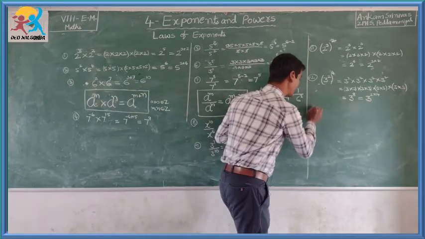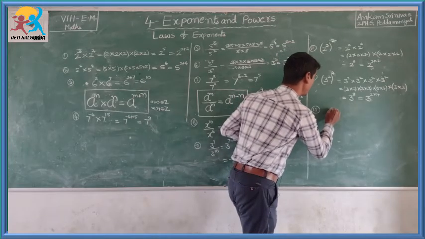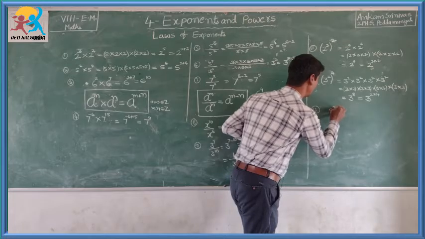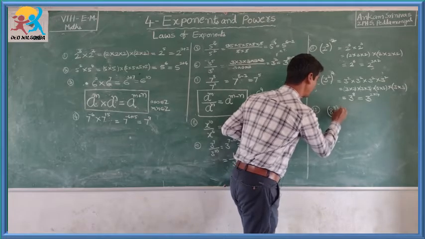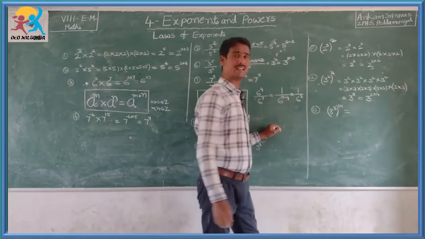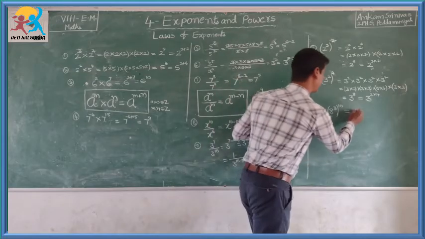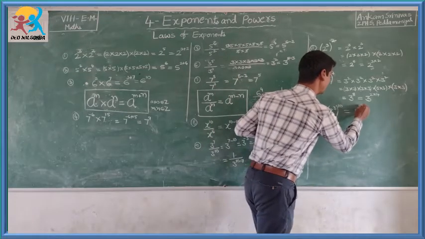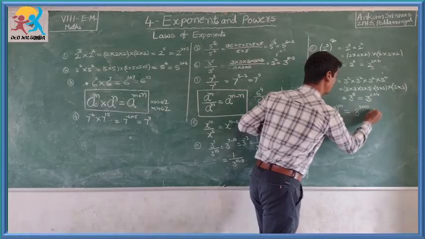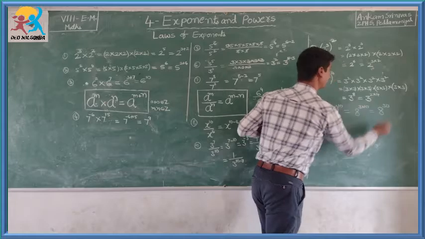So can you give the answer? Please give the answer for this question: 8 power 3 whole power 10. What is the answer here? Yes, exactly. 8 power 30, because 8 power 3 into 10 becomes 8 power 30.